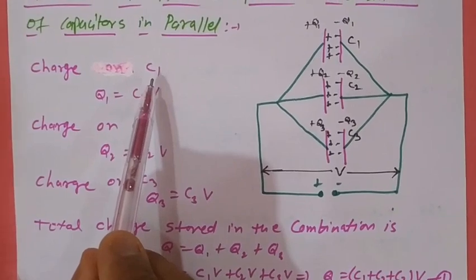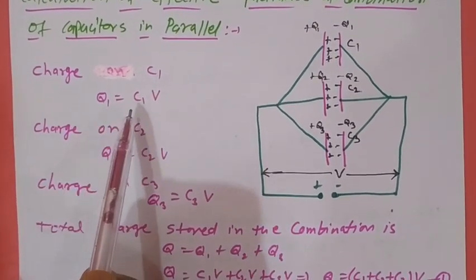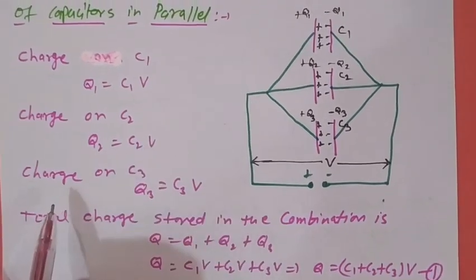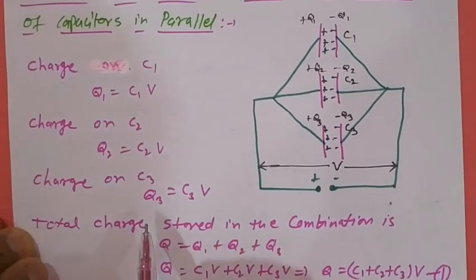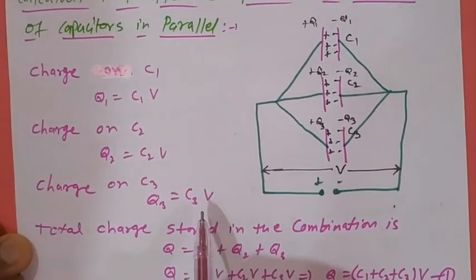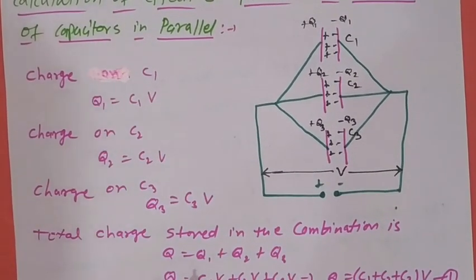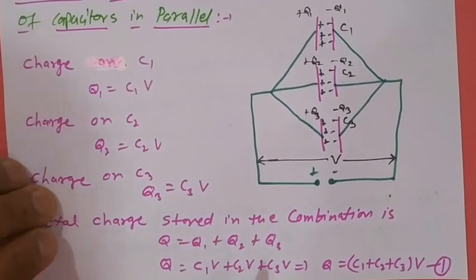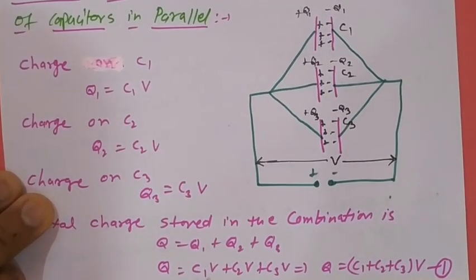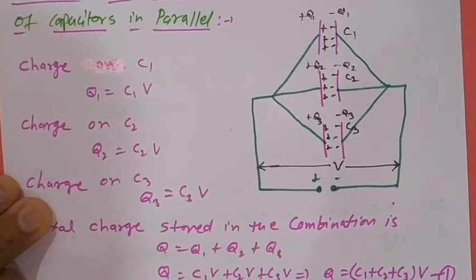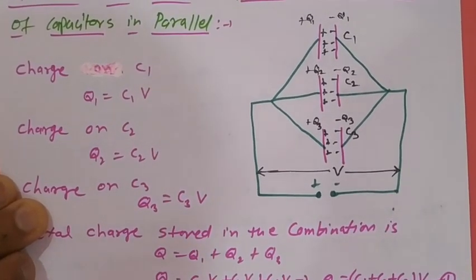Charge on C1, Q1 equals C1V; charge on C2, Q2 equals C2V; charge on C3, Q3 equals C3V. Total charge stored in the combination is Q equals Q1 plus Q2 plus Q3, so Q equals C1V plus C2V plus C3V. We take V common, so Q equals (C1 plus C2 plus C3) V.